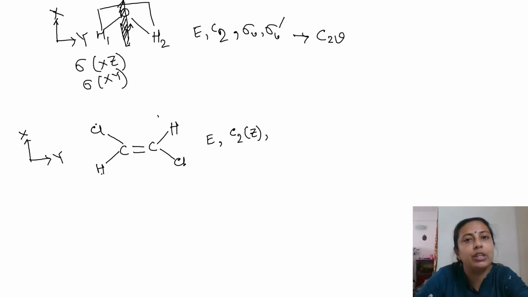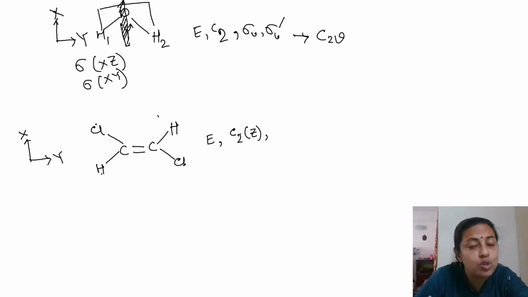Once we find out that there is a principal axis, then we have to look for whether there is any perpendicular C2 or not. The principal axis is along the Z axis, so the perpendicular C2 would be along the X axis and along the Y axis.